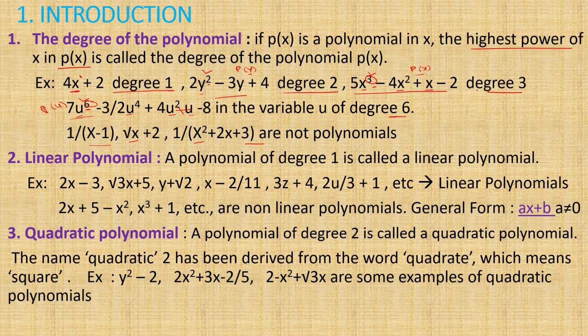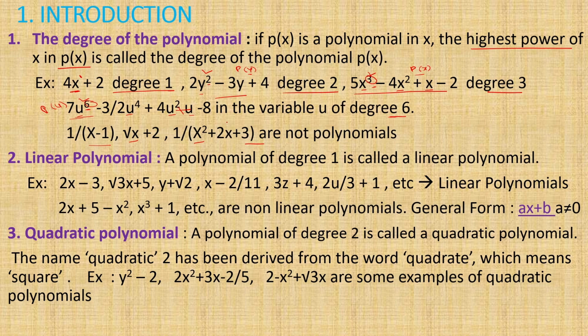The degree is always an integer value. If it is in divided-by form, it is not a polynomial. Only when it is in numerator form is it a polynomial. If it is in the denominator or the degree is in terms of root, like x power 1 by 2, such things are not polynomials.